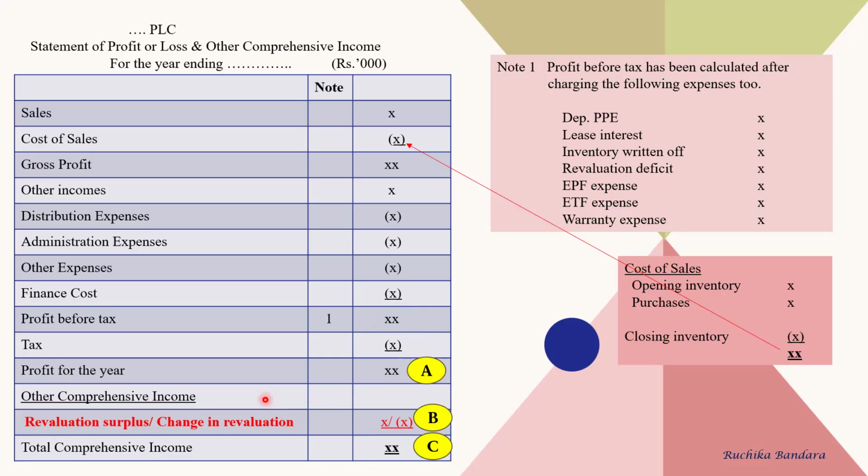Then if there's any other comprehensive income, you can write only the revaluation surpluses or the change in the revaluation reserve. So if there's a revaluation surplus, add it up. If there's a change in revaluation, subtract it. Then you get an ultimate answer that is called the total comprehensive income.